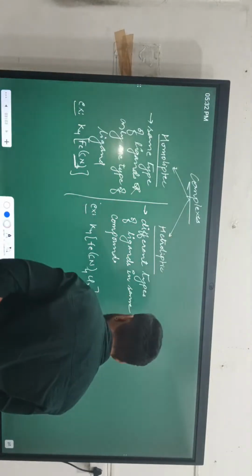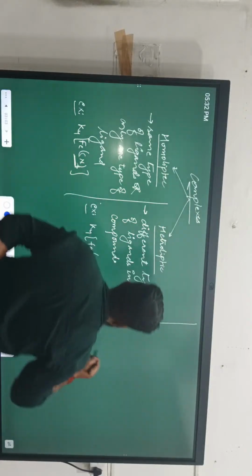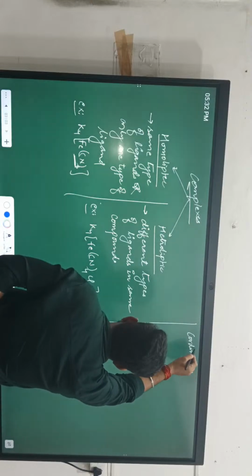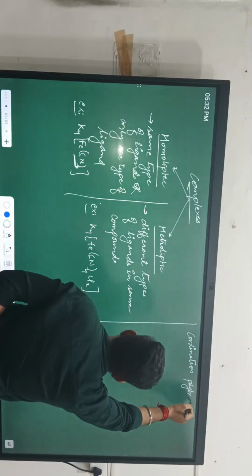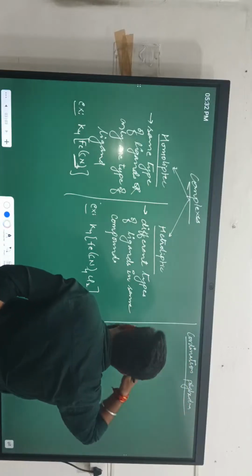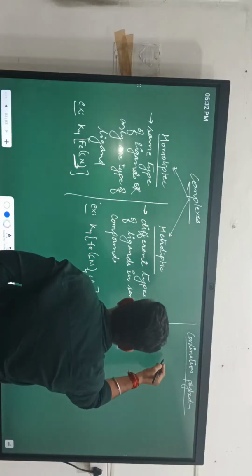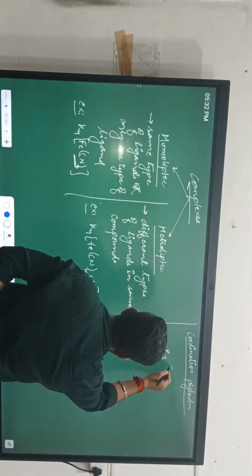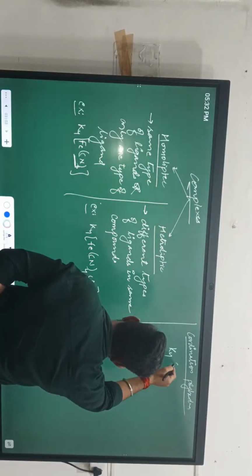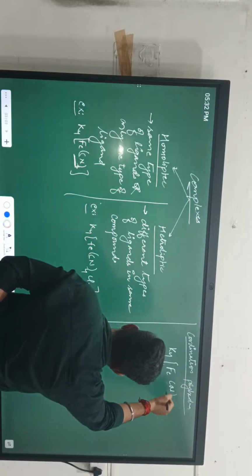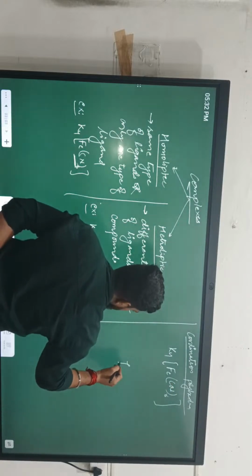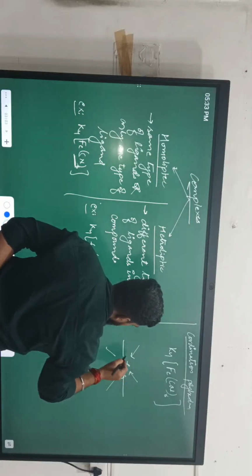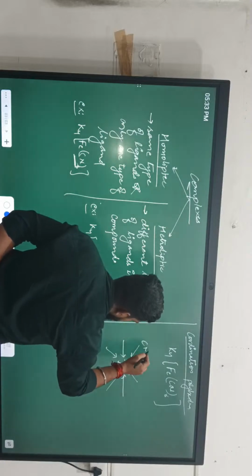Next we'll see coordination polyhedra. Coordination polyhedra means the three-dimensional arrangement of compounds is known as coordination polyhedra.